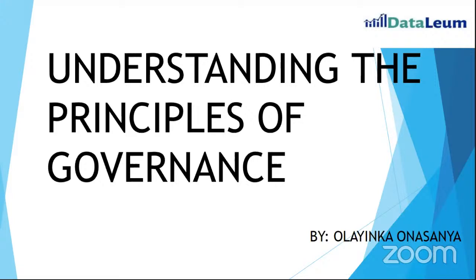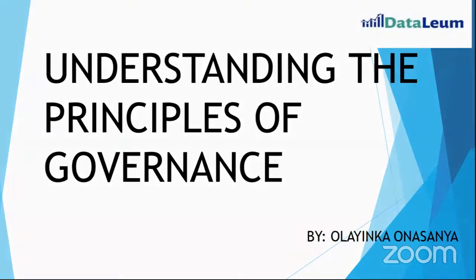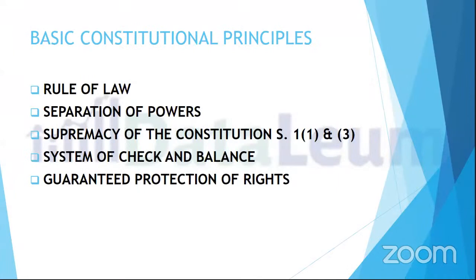There are some basic principles, precepts and ideals that underlie every constitution, depending on what country and what form of government is being practiced. As we know, it's a democracy that we have here in Nigeria. So there are some underlying principles that are cast in stone, which underlie the existence of the Constitution, and I listed them out here. We have the rule of law.